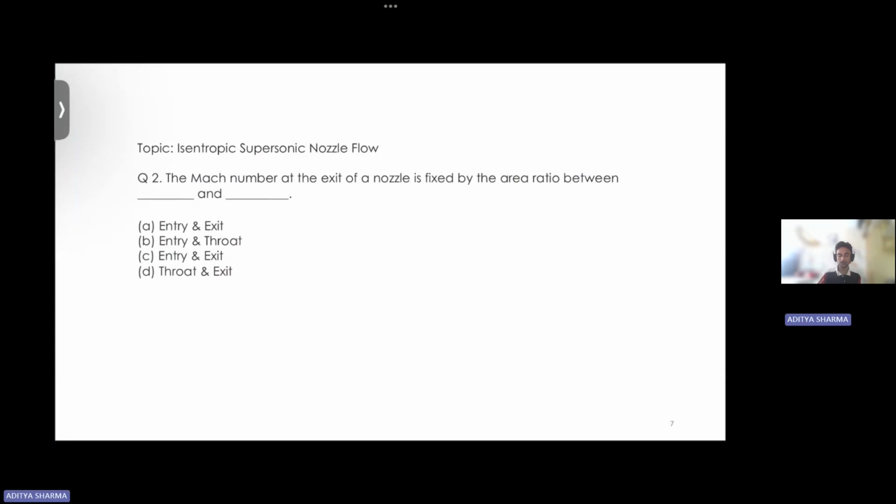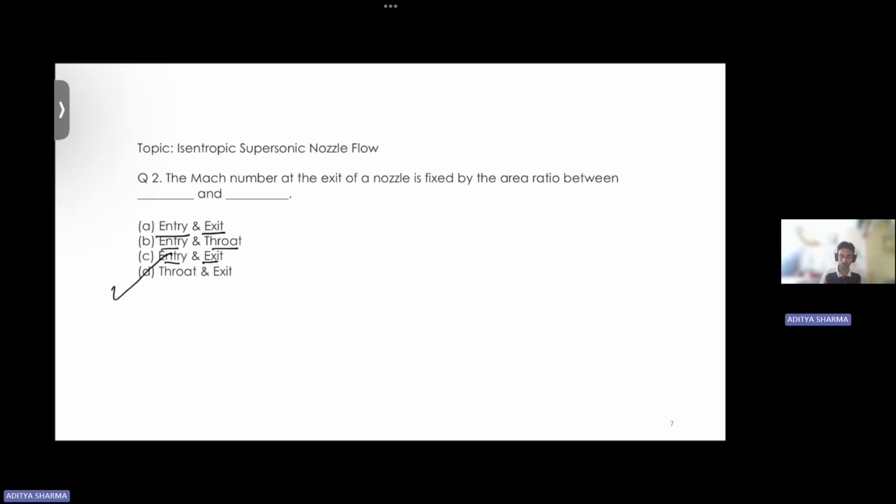And if we see our options, it says entry and exit, then entry and throat. So there is exit, there is throat, but they are not coming together in some particular option.